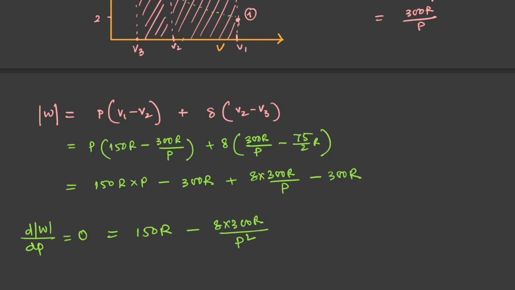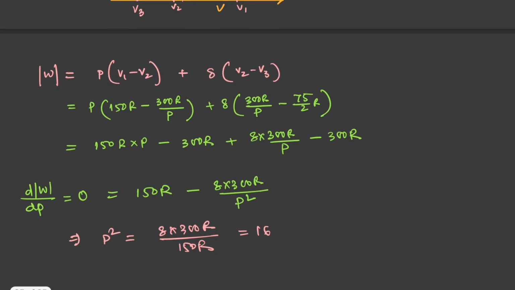If this is 0, from there we will get the P value. We will get P square equal to 8 into 300 R divided by 150 R. So it is coming 16. That means in this case the pressure is 4 bar.